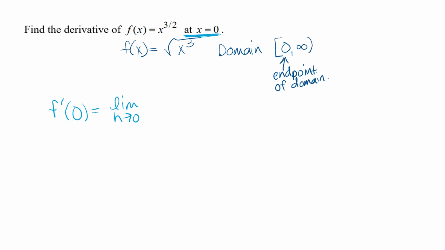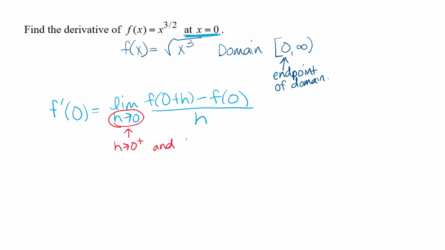But here we're just doing it for a specific value of x. All right, so I'm writing down the definition as it is in those boxes here at x equals 0. But when I think about doing this limit, we know that when I see a limit as h approaches 0, that really means that h technically should approach 0 from the right, and we also need to consider what happens when h approaches 0 from the left.